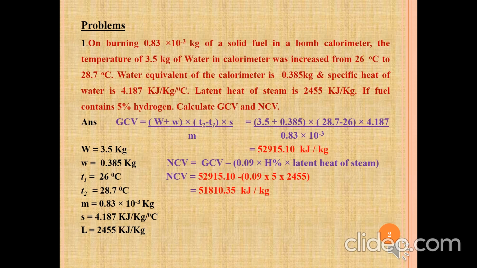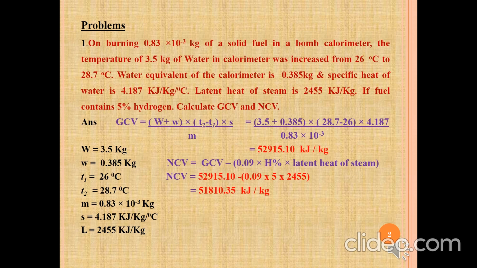After substituting, the answer we are getting for gross calorific value is 52,915.10 kilojoules per kg. Kilojoules per kg is the unit of calorific value.